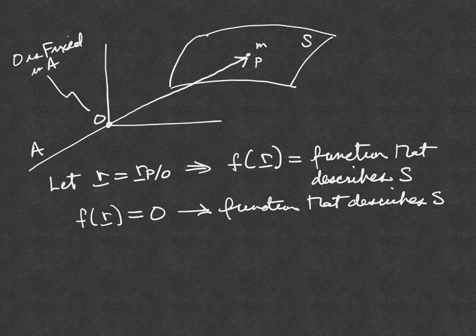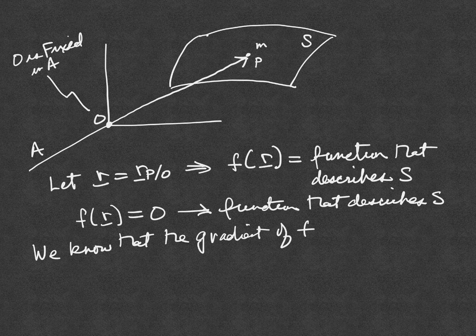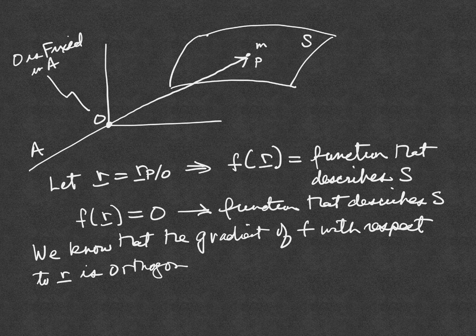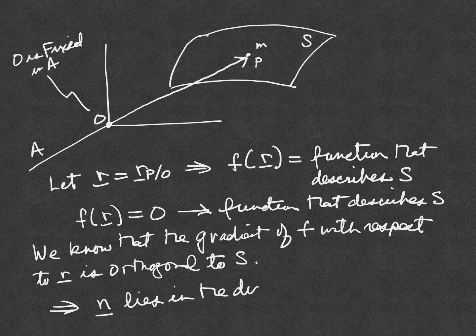And now, given that, we know that the gradient of F with respect to R is orthogonal to S. So that implies that the normal vector lies in the direction of the gradient of F. So now we can use this to define that direction that's normal.